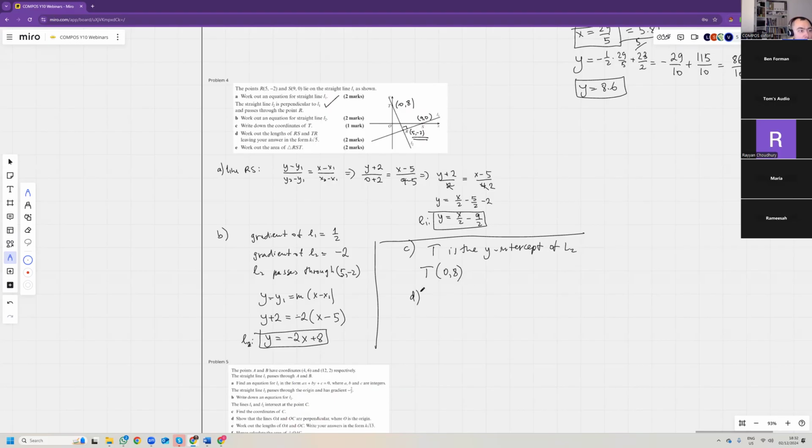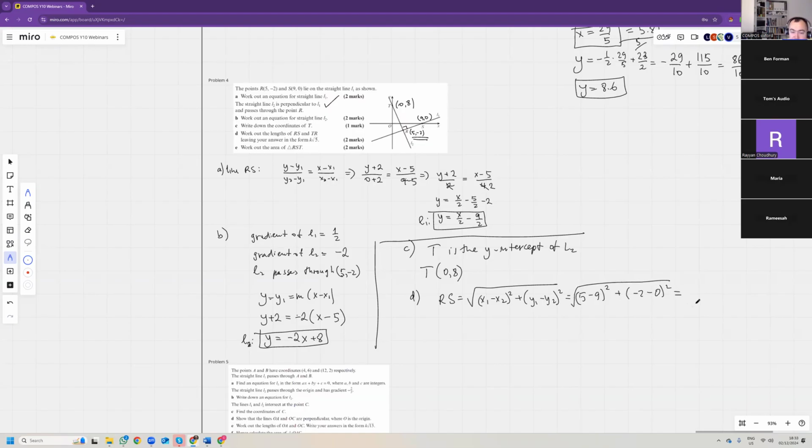D. Work out the lengths of RS and TR. Well, RS is the square root of x1 minus x2 squared plus y1 minus y2 squared. That is 5 minus 9 squared plus minus 2 minus 0 squared.